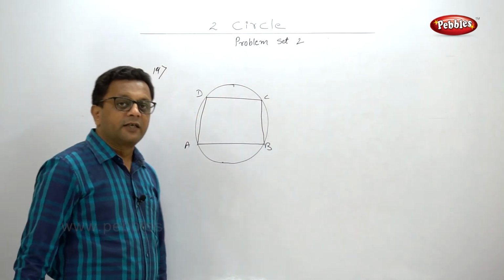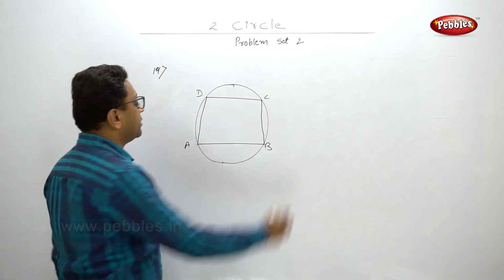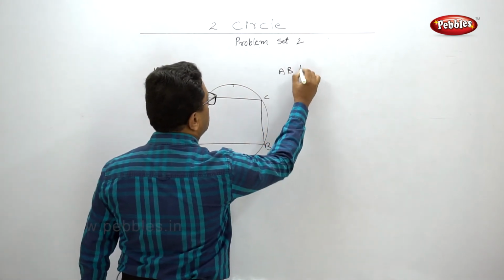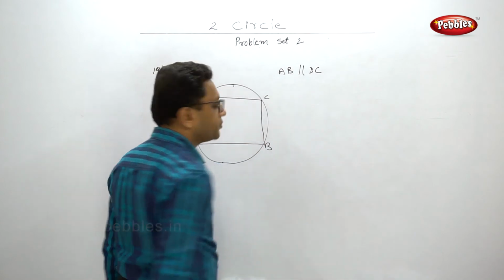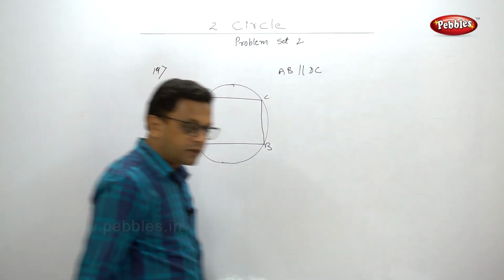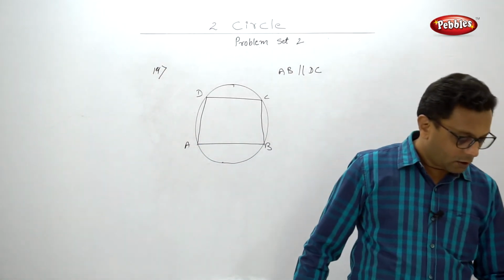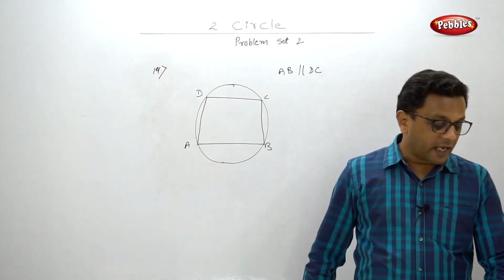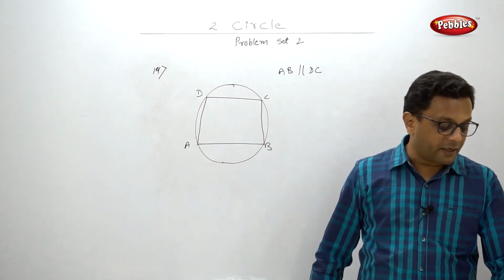Now this is a cyclic trapezium, so AB is parallel to DC because it's a trapezium. What do they say? Prove that in a cyclic trapezium, angles at the bases are congruent.